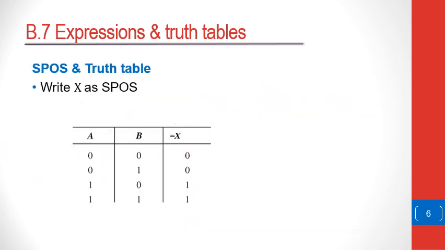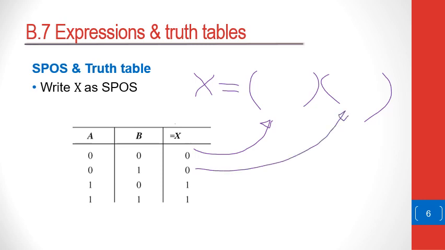Looking at the same truth table, let's say we now want to write it in standard product of sums. We have an expression X, and because we have two zeros, we know we're going to have the first sum times the second sum. In this case, a 0 is not a complement, which means for the first one we have 0, 0, so the inputs are 0 and 0.